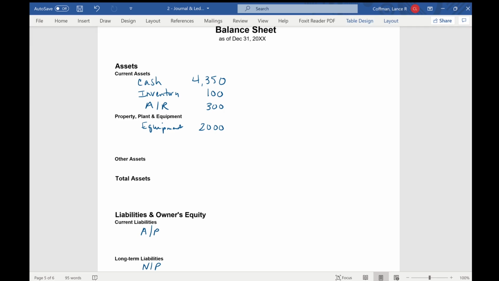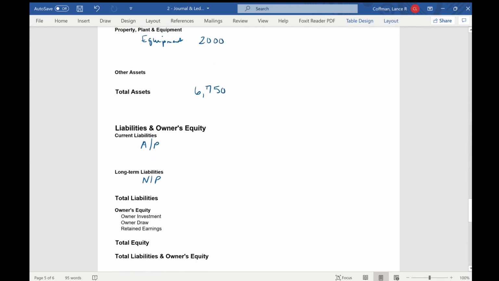So the total assets for the business, $6,750. Now remember that assets always equal the liabilities plus the owner's equity. So we'll put our numbers in here and make sure that we have it balanced.